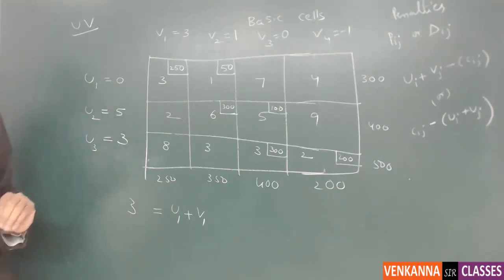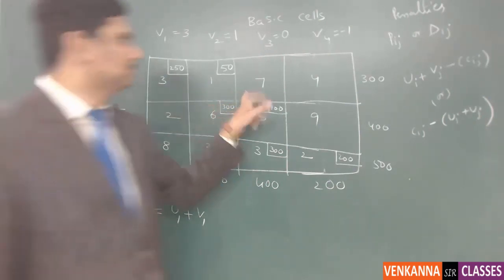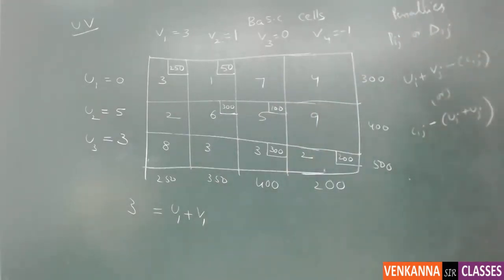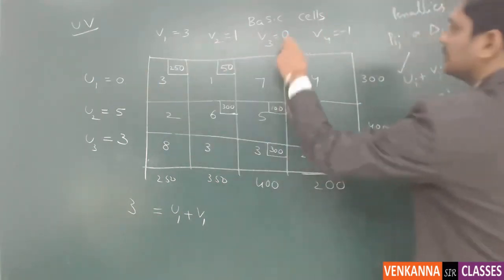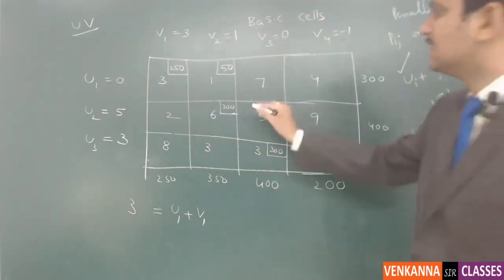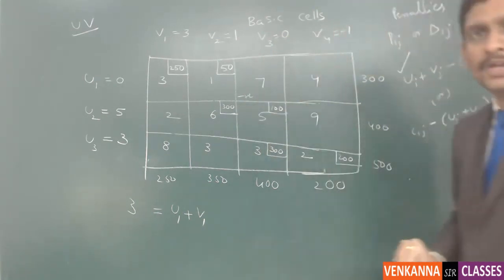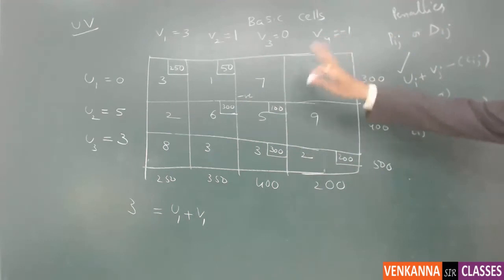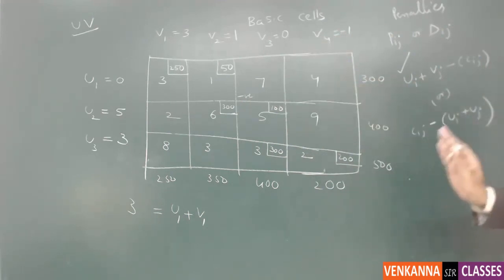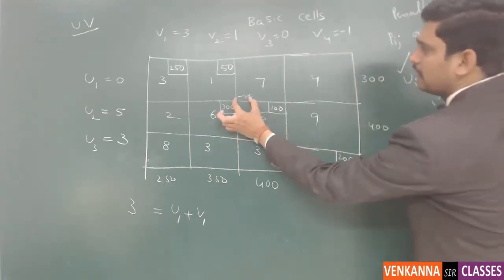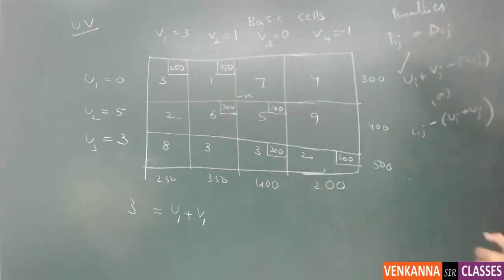Right. Now, if you take this one, let me use this formula: 0 plus 0 minus 7. So this is negative. I am putting a negative sign here. For the penalties, I am writing them as the suffix, on the leftmost part.